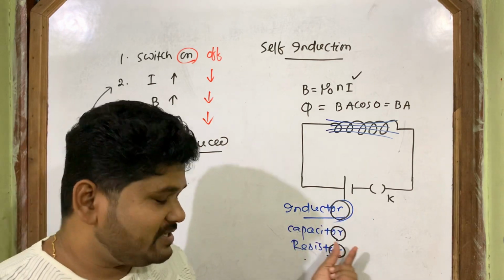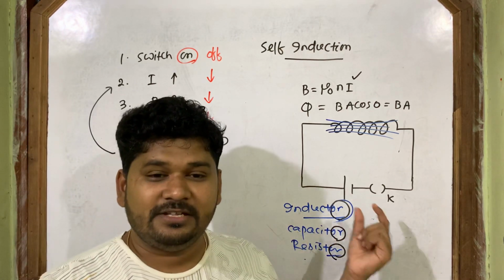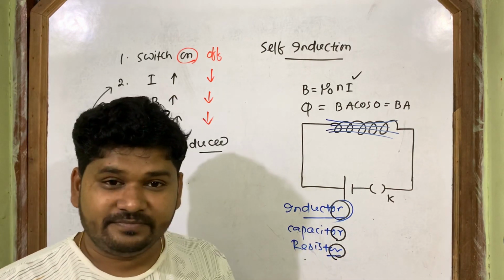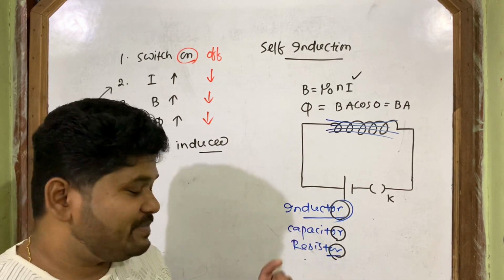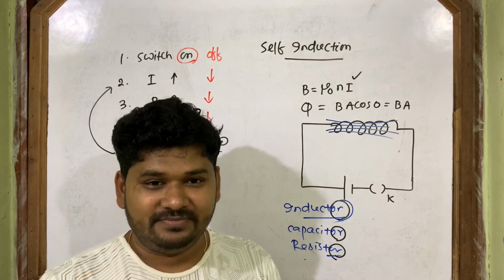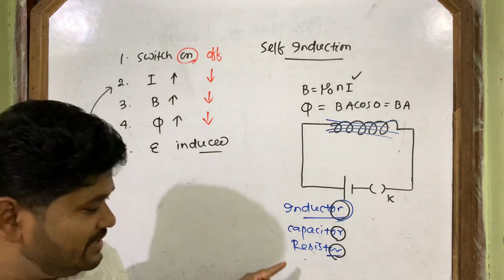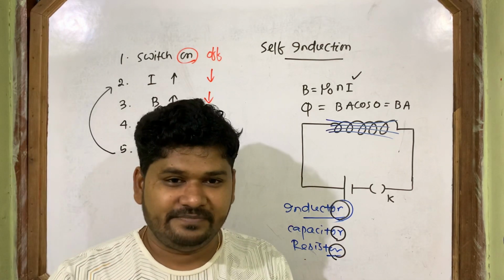Inductor, resistor, capacitor: they are the brothers and sisters. Resistor is a brother, and inductor and capacitor are sisters. There is much more similarity between inductor and capacitor, but resistor is a little different from them.